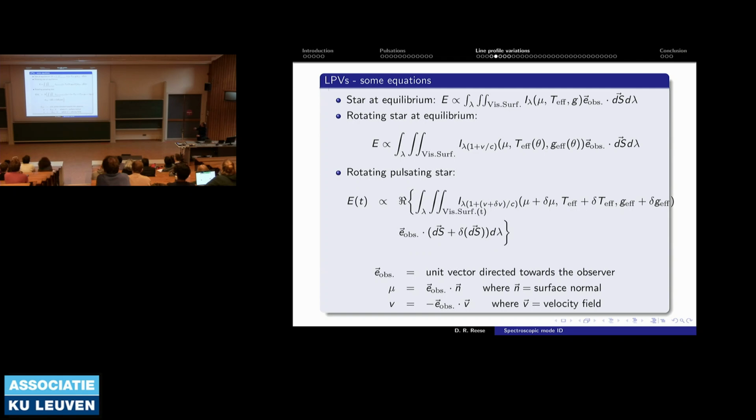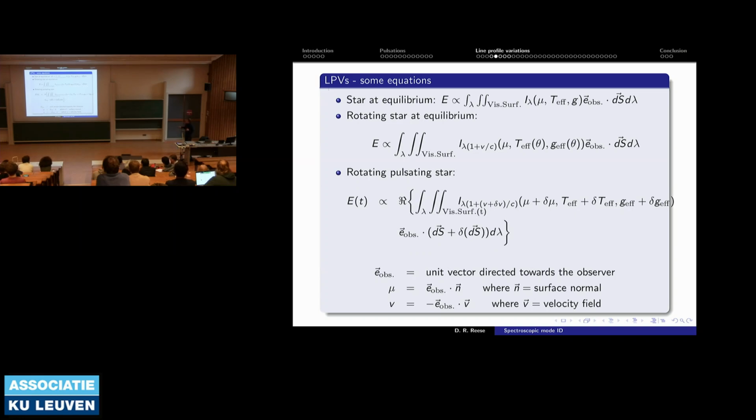the luminosity, or the light energy received from a star, is given by this formula. So this is for an observer in a certain direction. You have the specific intensity here, which depends on wavelength and on different parameters. So mu would be the cosine of the angle between the surface normal and the direction to the observer.